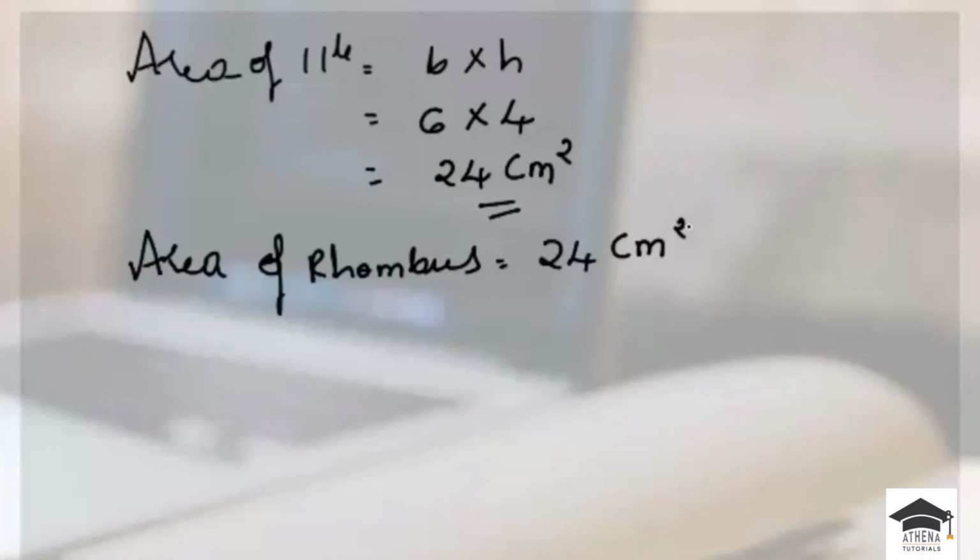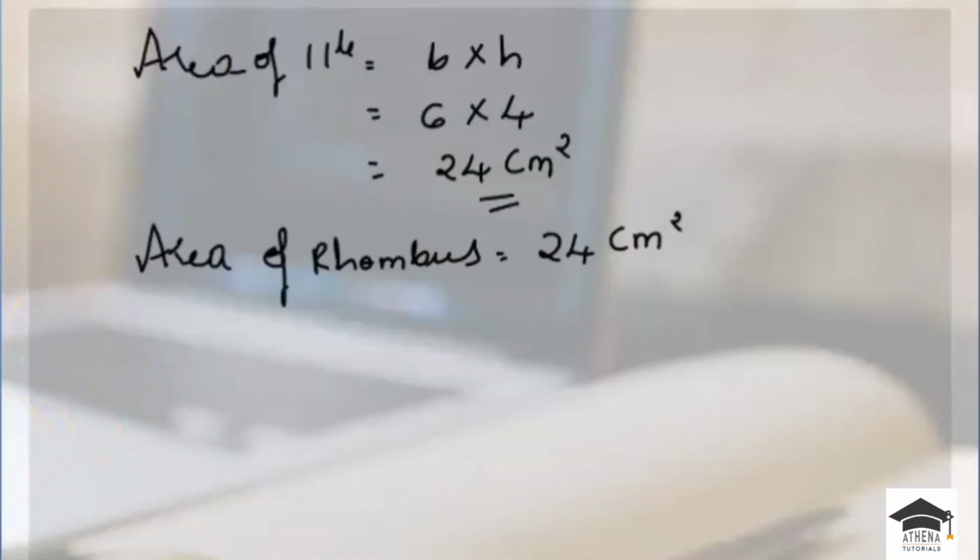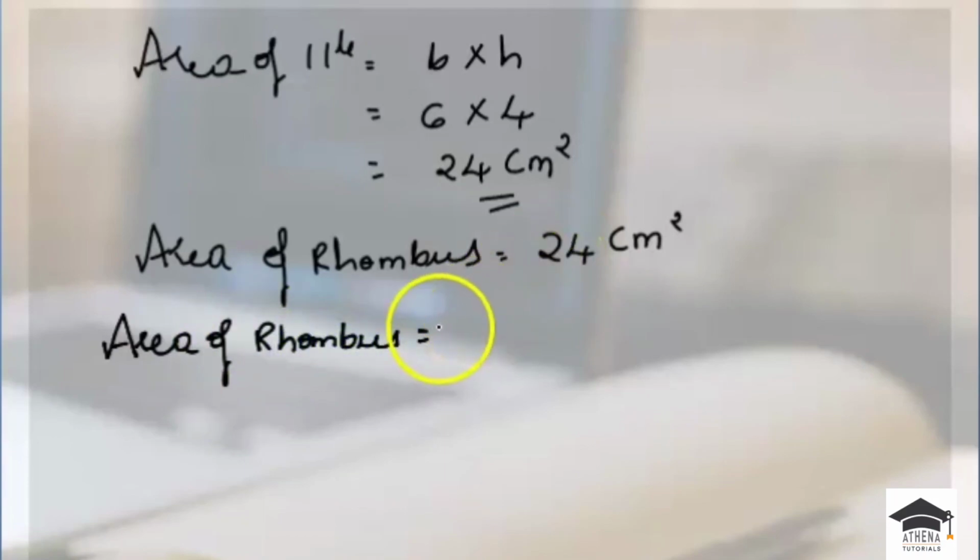Okay, now let's find the length of the diagonal. This can be easily done. We know the formula to find the area of a rhombus, that is area of rhombus is equal to half into diagonal 1 into diagonal 2.